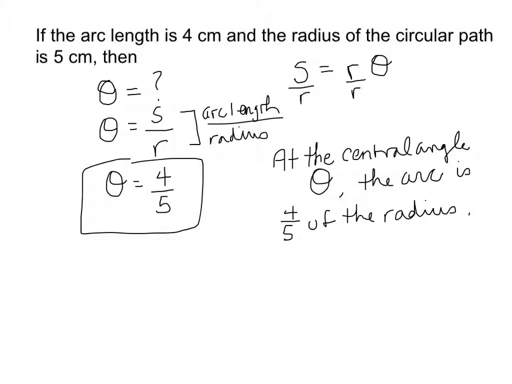How is that true? Well, let's think about this a minute. If I have the arc is 4/5 the radius. So what they're saying is this, right? Isn't that what this says? The central angle is 4/5 of the radius.